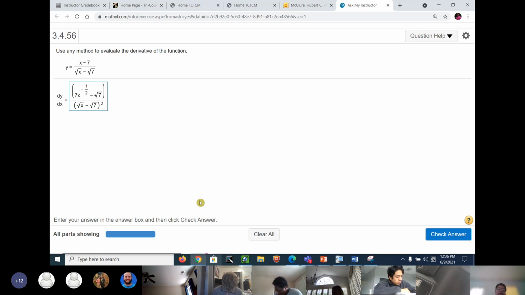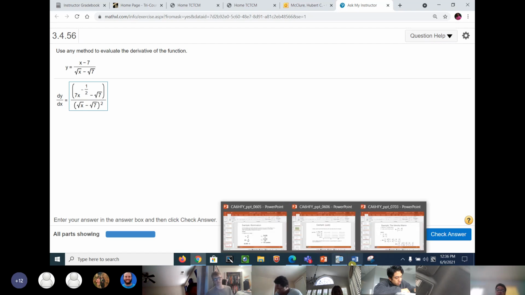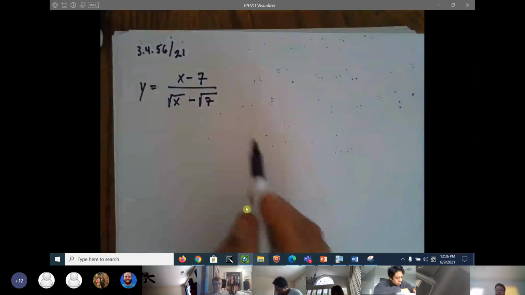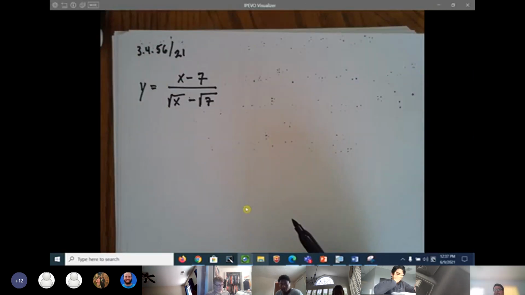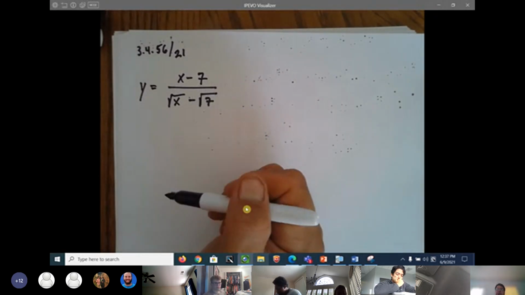Now, I'm not telling you what to do on this problem, but you might want to go over to the side and go ahead and write down the derivative of the numerator and the denominator. With this being so yucky, you might want to do that before you even start.